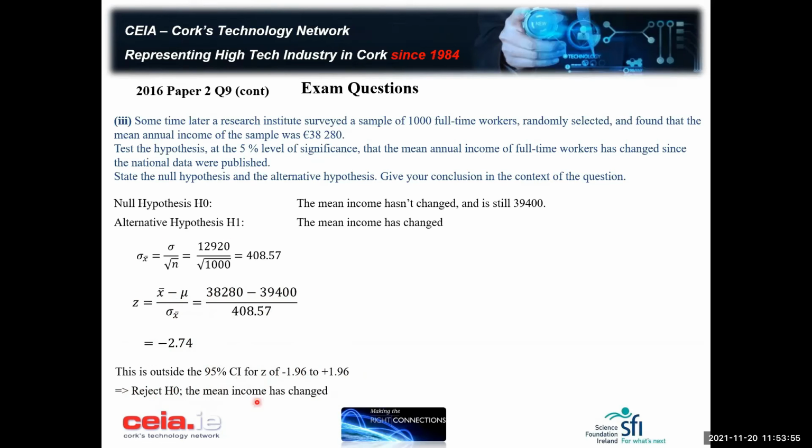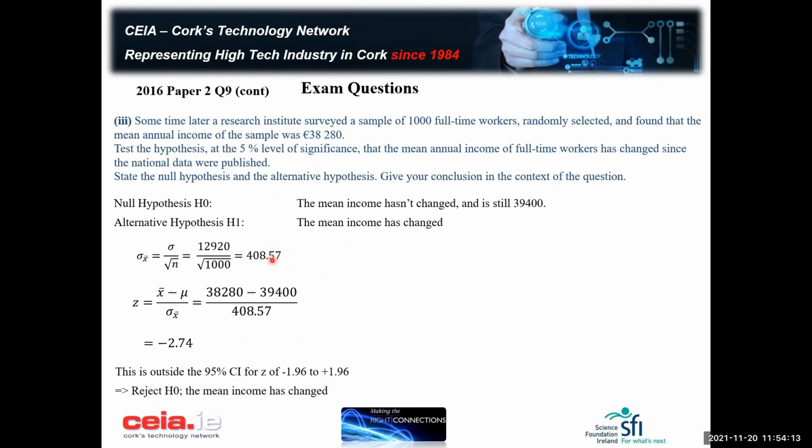Now, this is one way of doing this. The other way of doing this would have been to say, okay, this is our sample mean and this is our standard deviation.